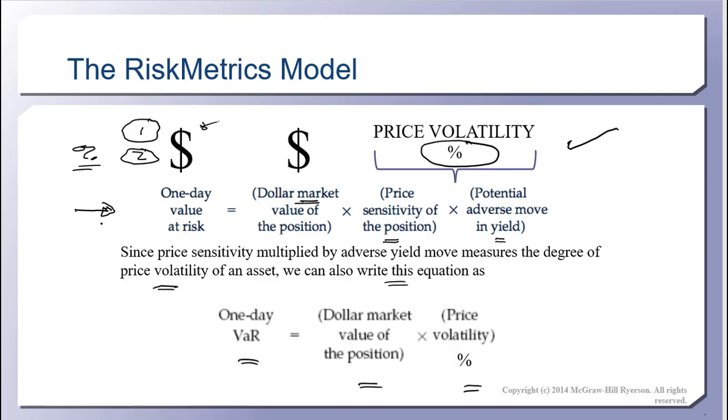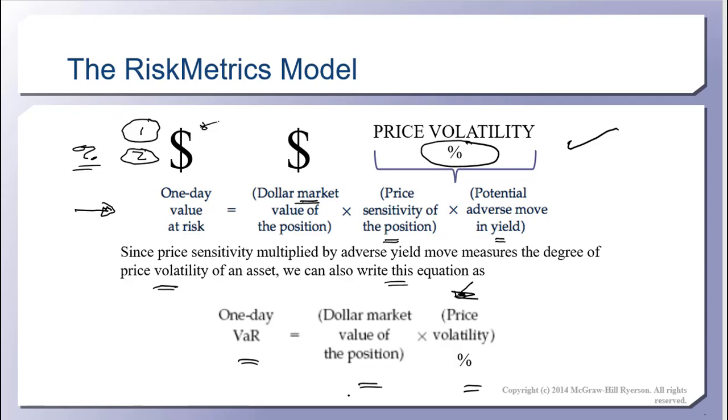So quick review, the one-day value at risk is the dollar value of the position times the price sensitivity of the position times the potential adverse move in yield, and that product of price sensitivity and adverse yield move equals the price volatility.